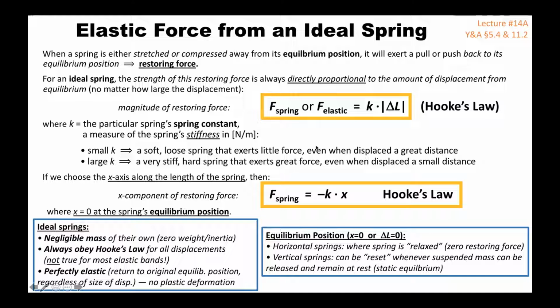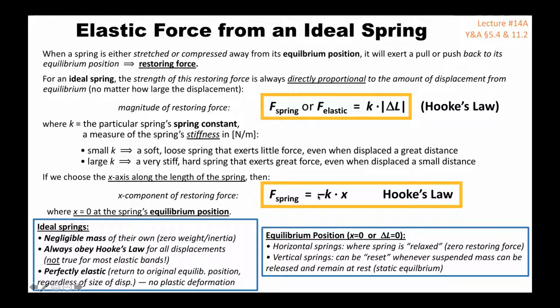Now, if we decide to define the x direction, the positive x-axis, along the length or axis of the spring, then we can rewrite Hooke's law in this fashion down here. And x is the amount of displacement that we stretch or compress the spring by. K is the same constant. And the amount of force that the spring exerts then is in the opposite direction to the displacement.